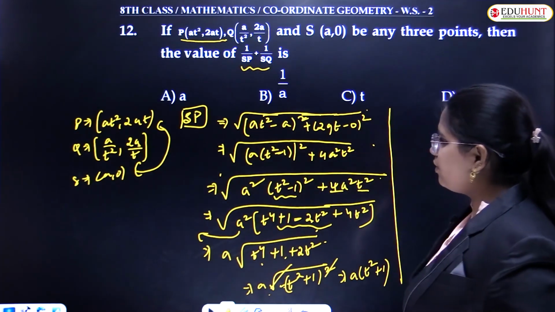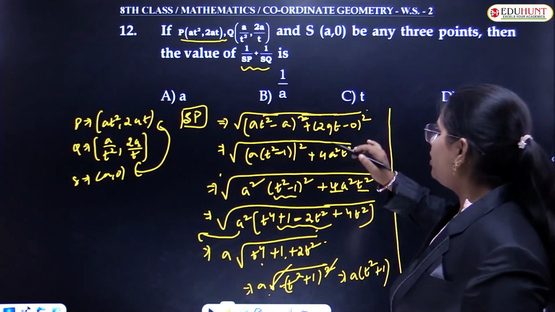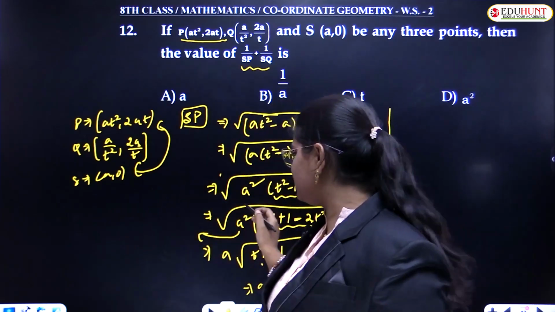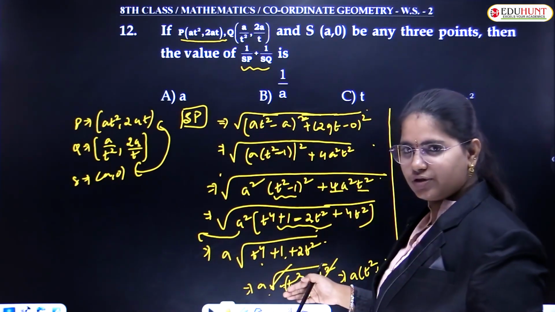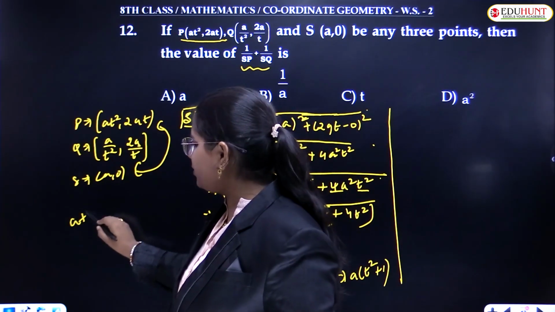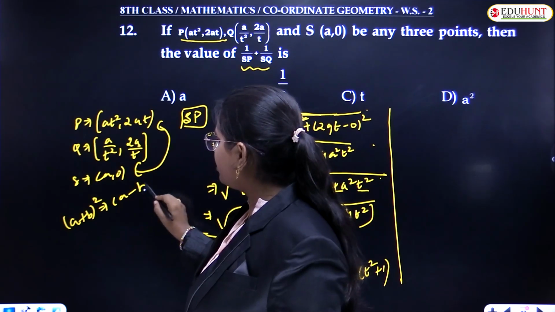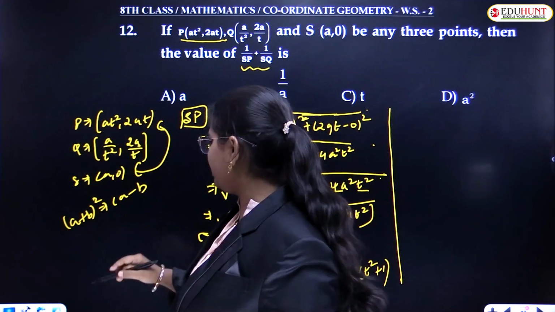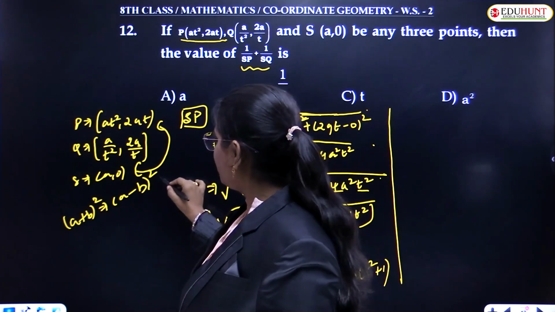A simple thing I want to tell you: (a minus b) whole square. Look here, simply, without doing so much modification, we can write like this: (a plus b) whole square can be written as (a minus b) whole square plus 4ab.